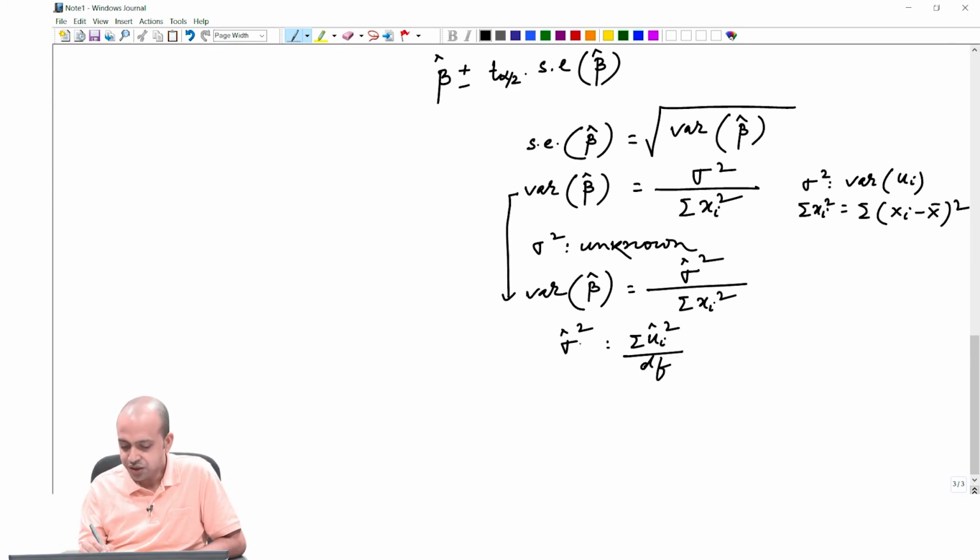That means sigma hat square is nothing but your residual sum of square divided by the degrees of freedom. And what is the degrees of freedom?